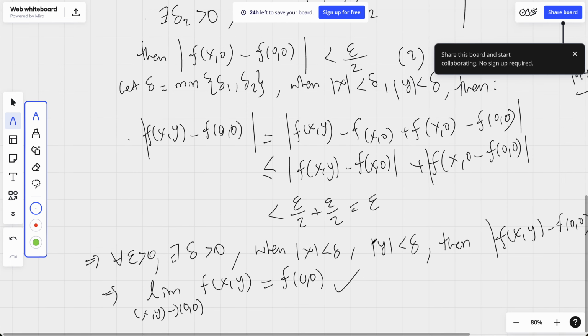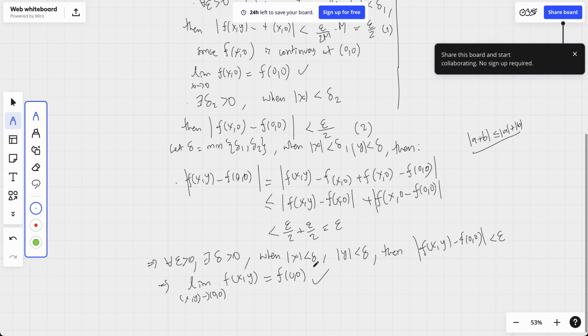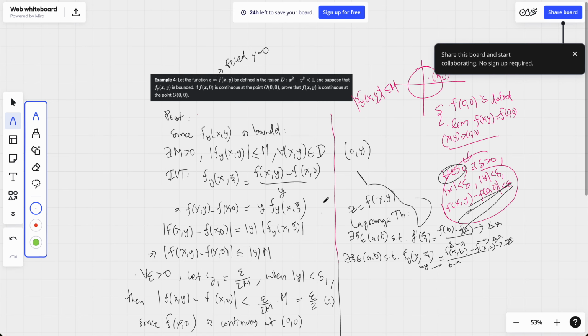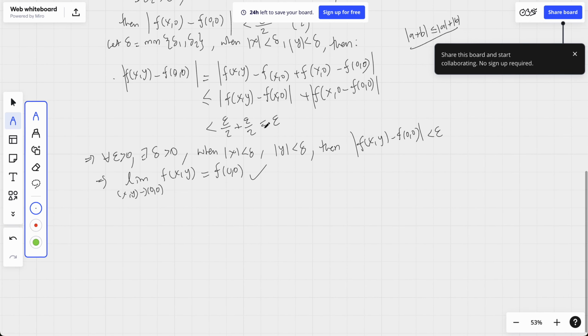And if you're questioning whether f of 0, 0 exists or not, it does exist, because the point 0, 0 is inside of this domain. So f of 0, 0 is defined. I guess I didn't write that from the start, but it is defined.